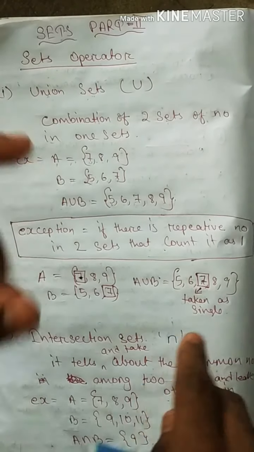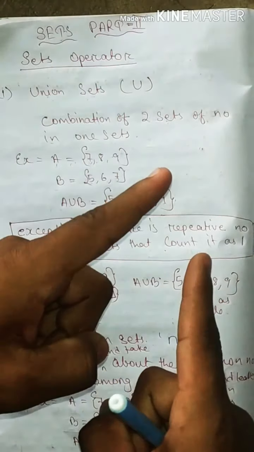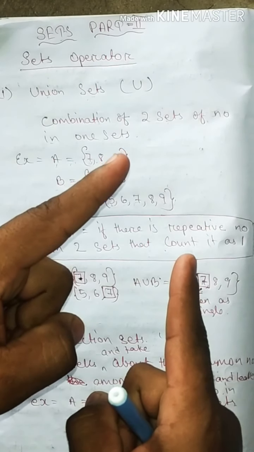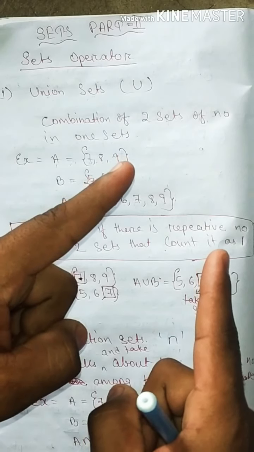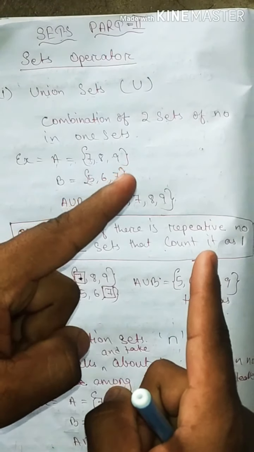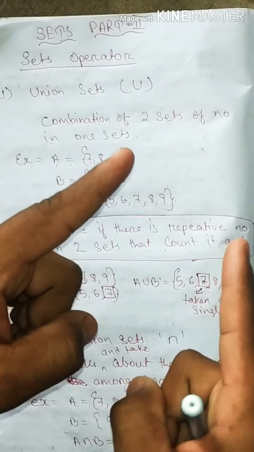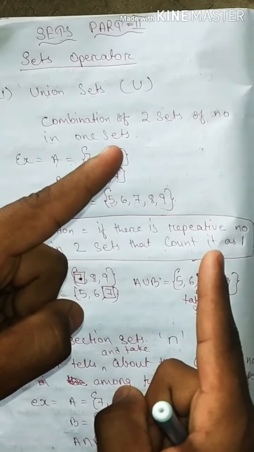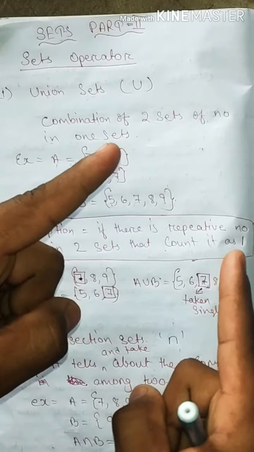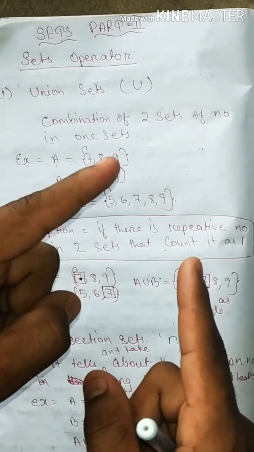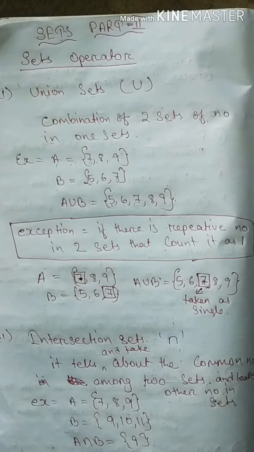This is one set and this is one set. Something is the same in both, a little bit the same, and when we take that same part and make one set, that is called the intersection set.